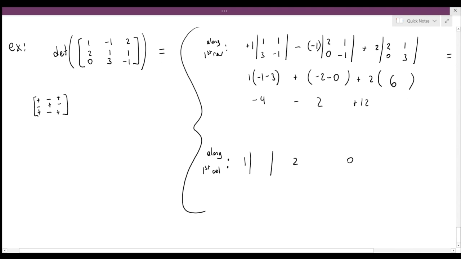Now for the 1, I cross out the row and the column containing it, and take the remaining 2 by 2 determinant. Then I cross out the row and the column containing the 2, and take this remaining 2 by 2 now.